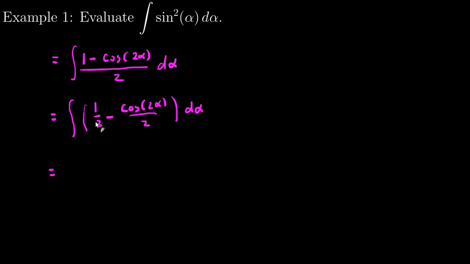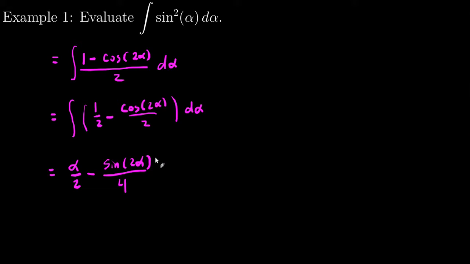I'd get the antiderivative of 1/2 d alpha is 1/2 alpha, or alpha over 2. The antiderivative of negative cosine 2 alpha over 2, well, it does not change signs. The antiderivative of negative cosine is negative sine. So that's going to end up being over 4.